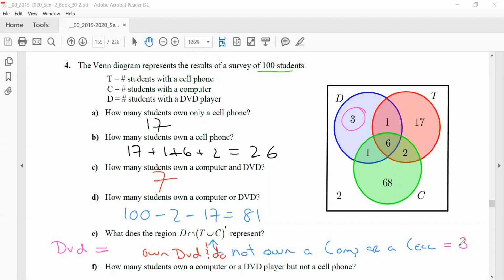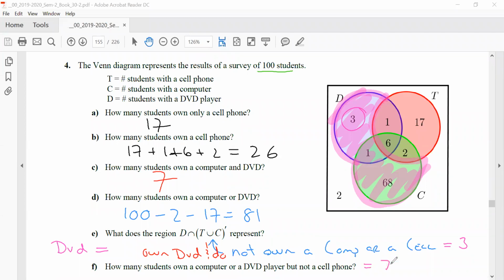Okay, last one. How many students own a computer or a DVD, but do not own a cell phone? Computer or DVD, but do not own a cell phone. Right there. So that would be 3 plus 1 plus 68.